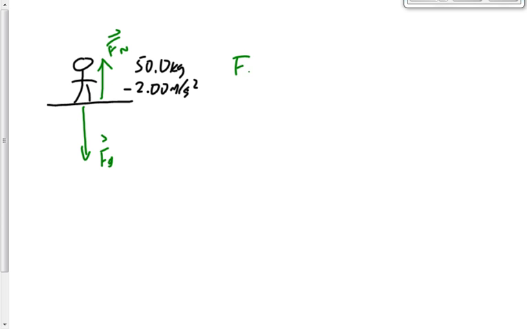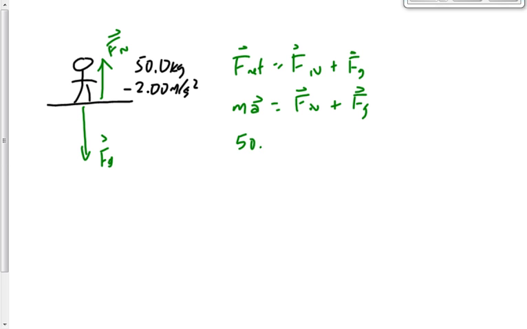All right, let's say the net force is equal to the sum of the forces. That's what we do next, always. Let's say m times a is equal to the sum of the forces. The mass here is 50 kilograms, and the acceleration is negative 2.00 meters per second squared. Fn plus Fg.